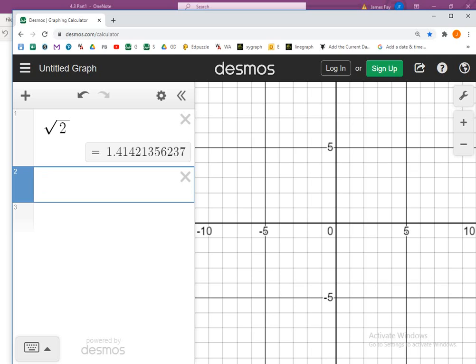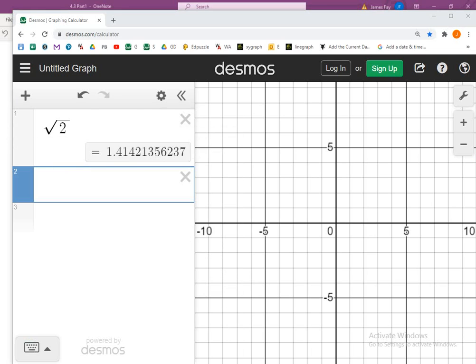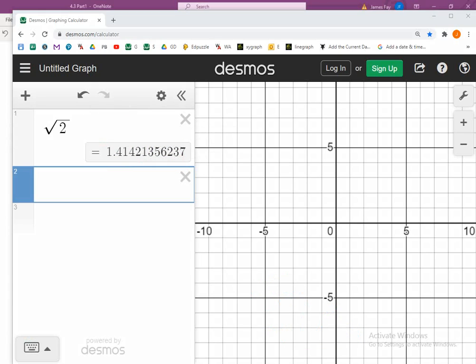Okay, so the answer is no. So let's talk about this. When the square root is first introduced, we put a little number out in front. Maybe you guys have seen this before. We put a little 2 right there, and that's referred to as an index. We don't do any calculations with that 2.